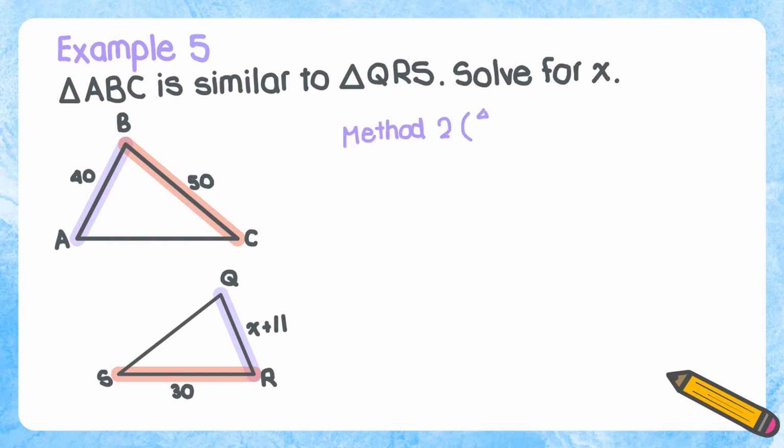For this example, I'm going to use the second method where we batch by triangles. So side AB over side BC equals the sides from the second triangle, side QR over side RS.